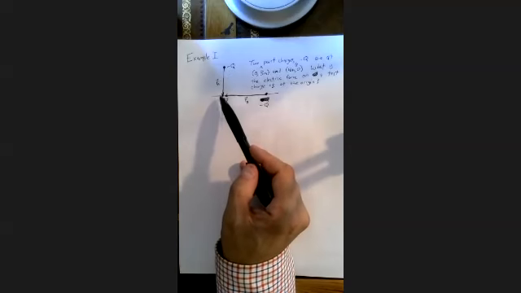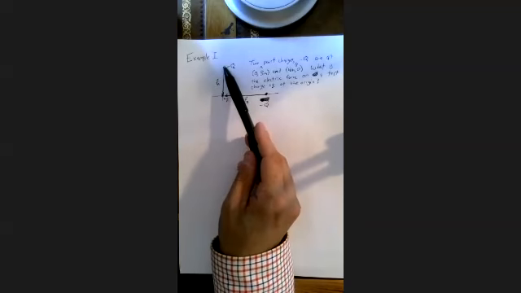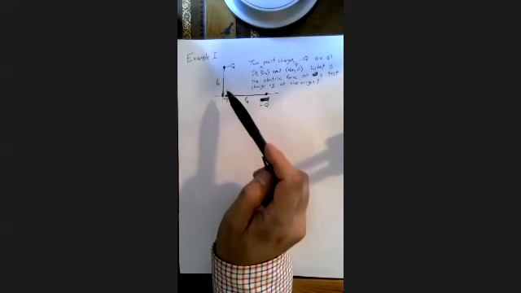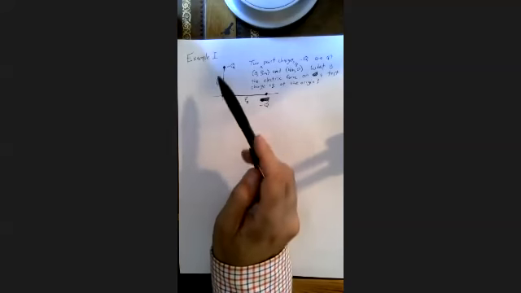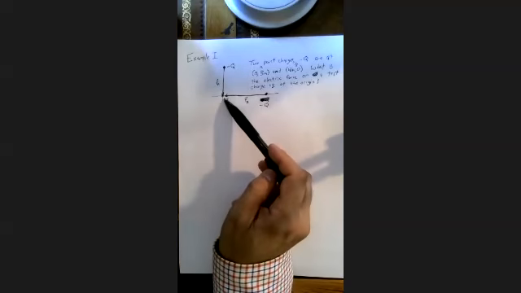So the test charge feels a downward direction. Agree, disagree? We've got a negative charge here and a positive charge there, right? Do negative charges and positive charges repel or attract?